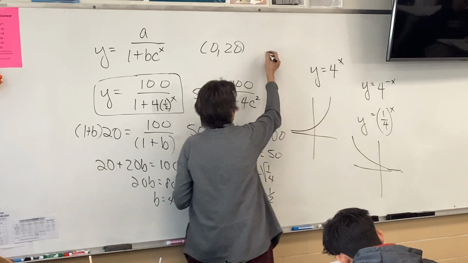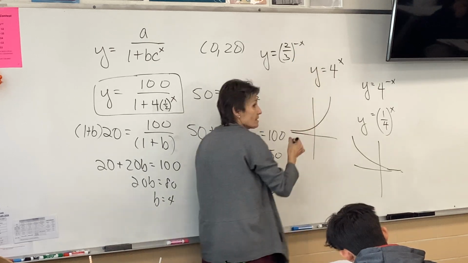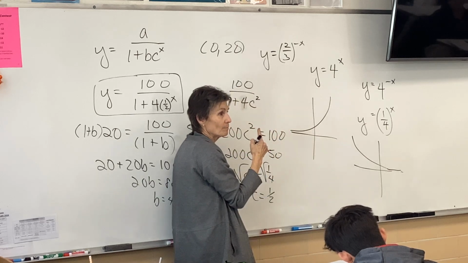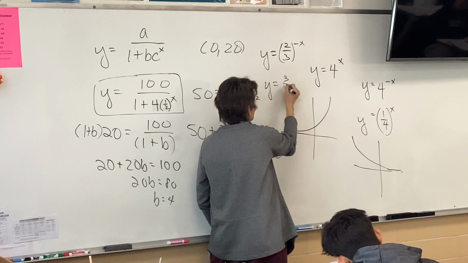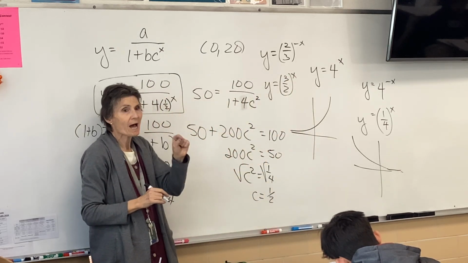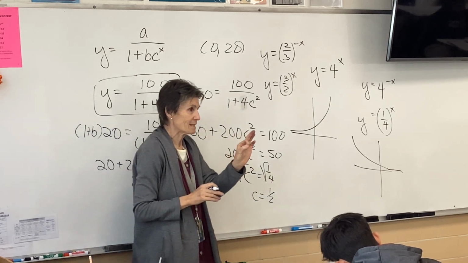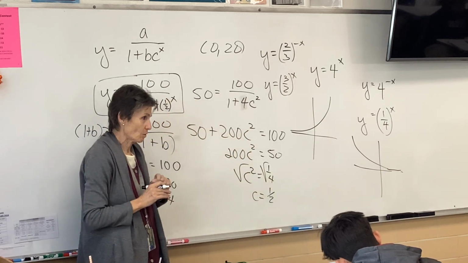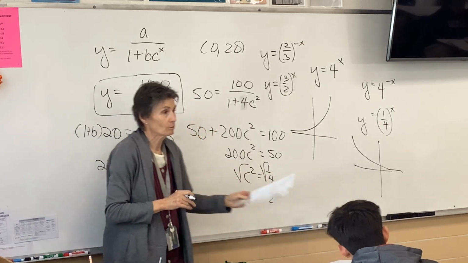So if you had 2/3 to the negative x, that's actually growth. Because what does that negative do? Flips it and makes it 3/2 to the x. Do you see what I mean? Do not make any determination until you figure out what your base is. Then you know if it's growth or decay. Don't base it on the exponent, because you'll be wrong sometimes.